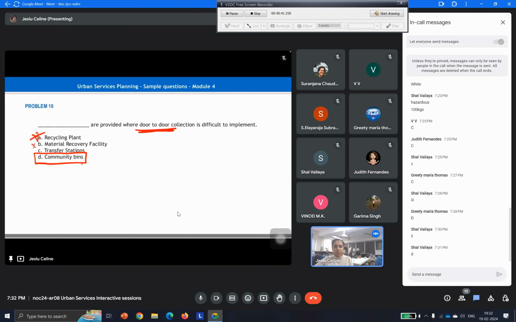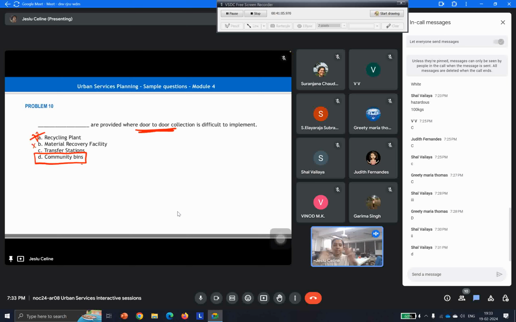Then we have transfer stations. This we have discussed in our previous lecture, previous week's discussion, previous module also, where waste is temporarily collected before it can be transferred to a centralized waste management system. So it can be a recyclable system, it can be a landfill.